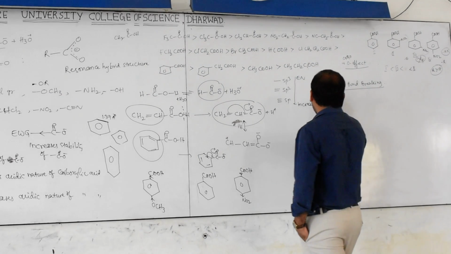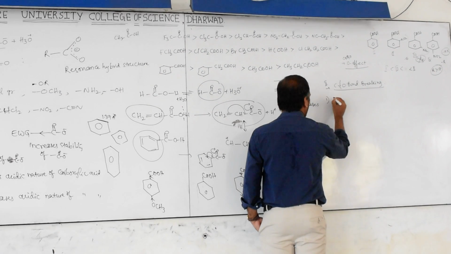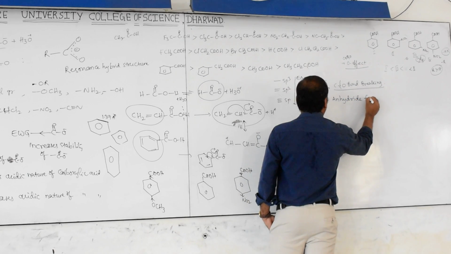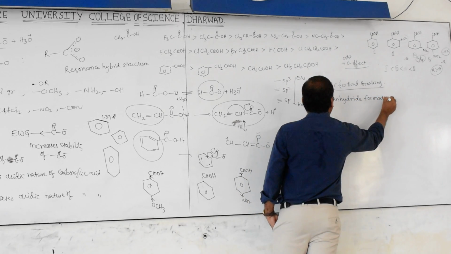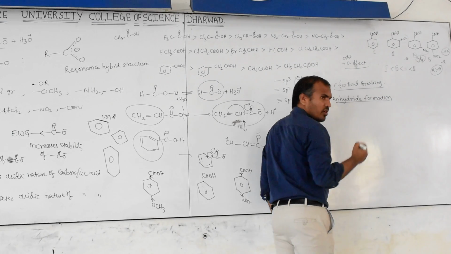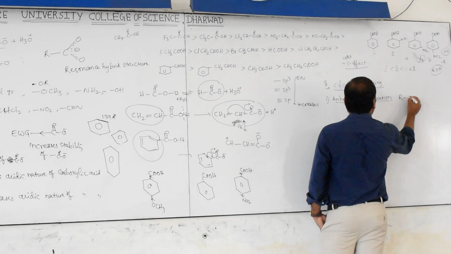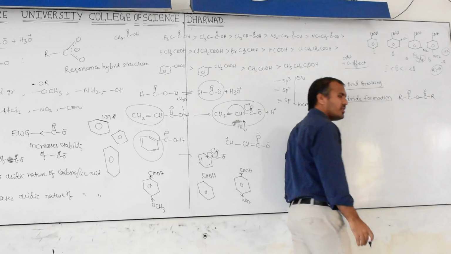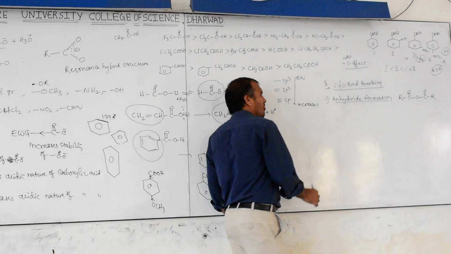In the CO bond breaking reaction, the first one is anhydride formation. What is an anhydride? R-C double bond O, C double bond O, R. This is an anhydride. Carefully observe.